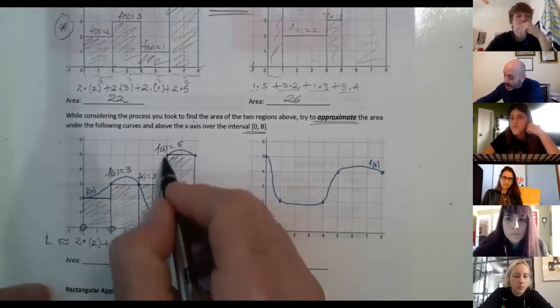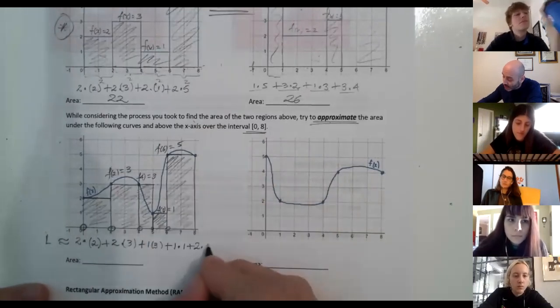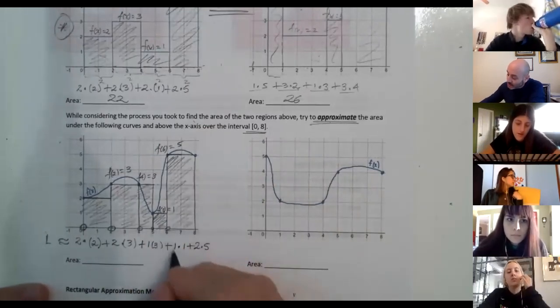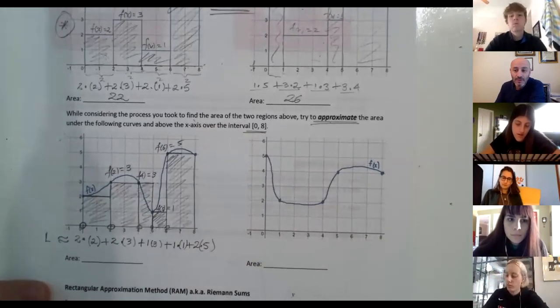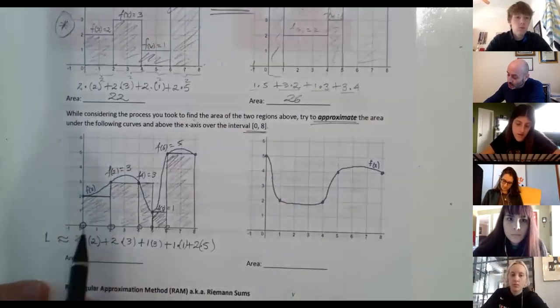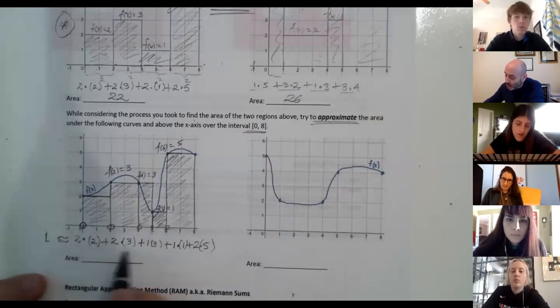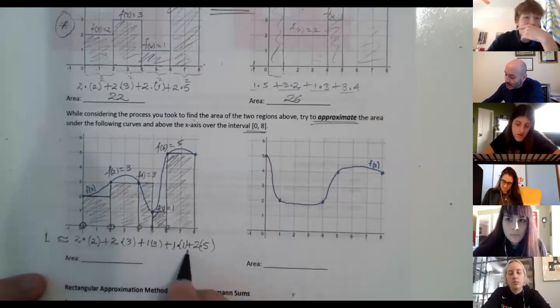The height is f of 6, so the base is 2 times 5. And then after that, I multiply this out and add it together, and that's an approximation of the area under the graph on the interval from 0 to 8. So it's going to be 4 and 6, 10, 13, 14, and 10, 24.